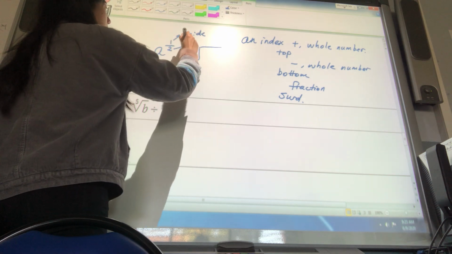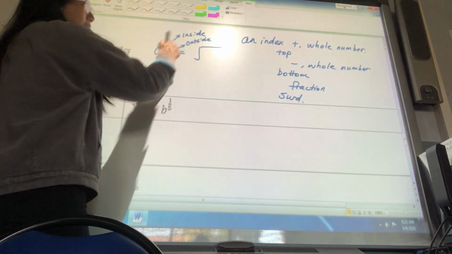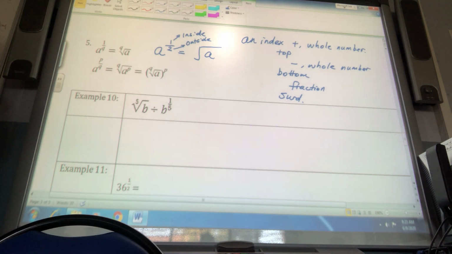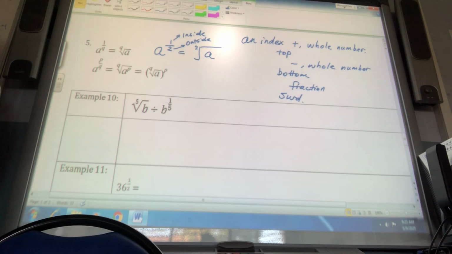Whatever that's on the bottom, it stays outside. So it's a to the power of 1, which is just a itself. Where does 2 go? Is it 2 times square root of a, or is 2 on the top? 2 is on the top, yeah? So if 2 is on the top, it means it's just a square root.